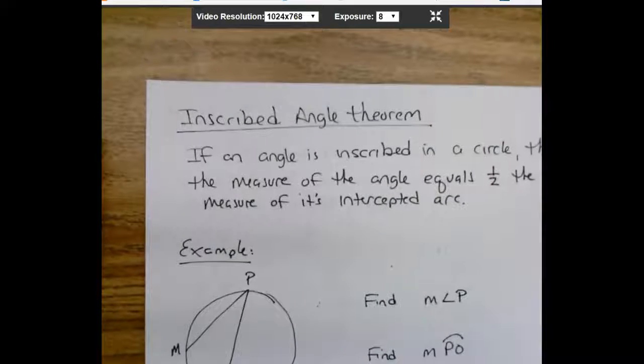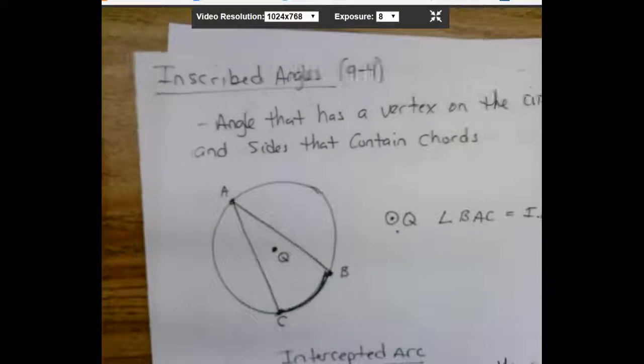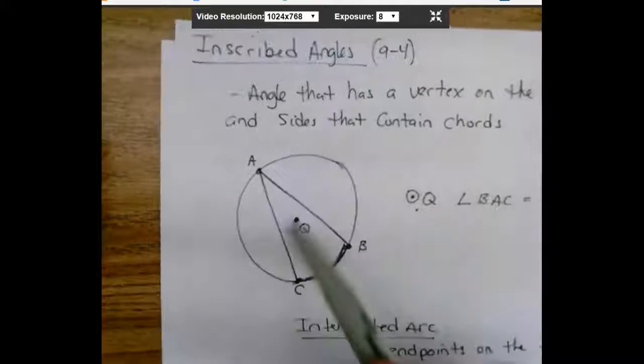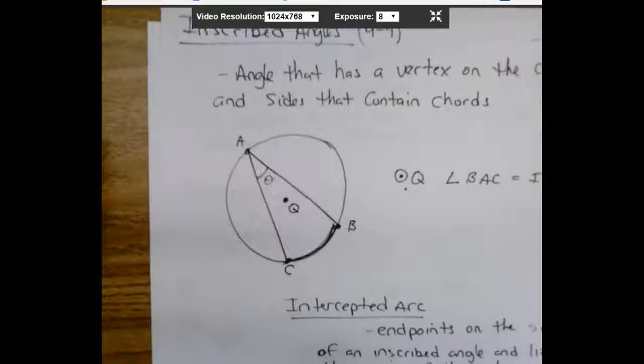Okay. And there's a theorem that goes along with this, and it says this. If an angle is inscribed in a circle, then the measure of the angle equals 1/2 the measure of its intercepted arc. So if we went back to the original one, this angle here, we'll just call it theta.